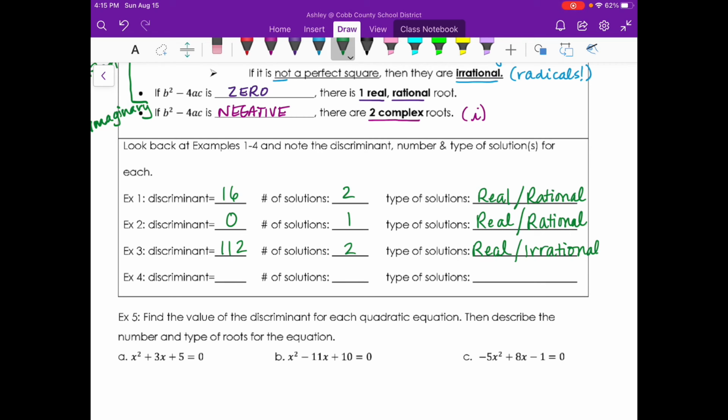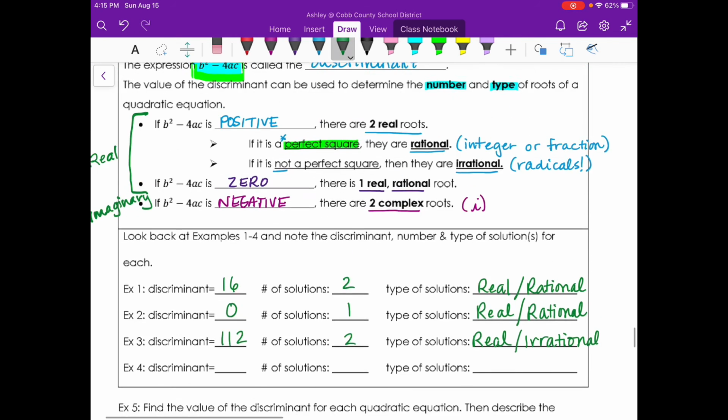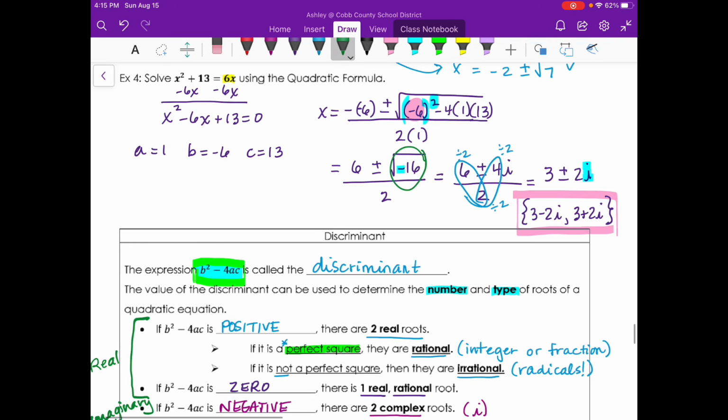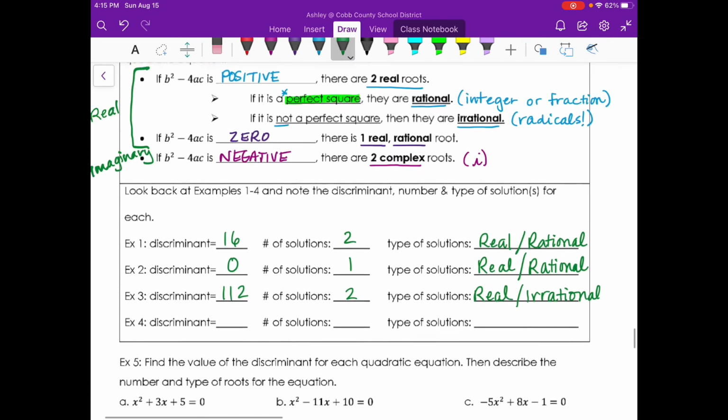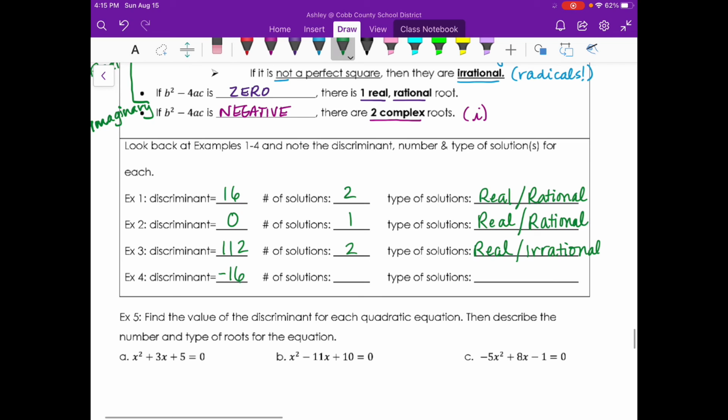And then finally, the last one we had was negative 16. It's right here. So for negative 16 inside the radical, that ended up giving us two solutions, but this time they were complex solutions, meaning that they had imaginary answers.